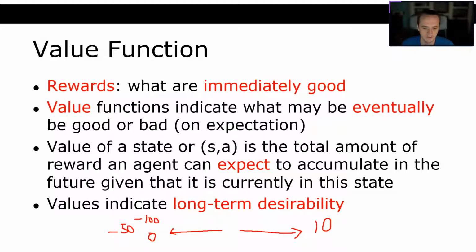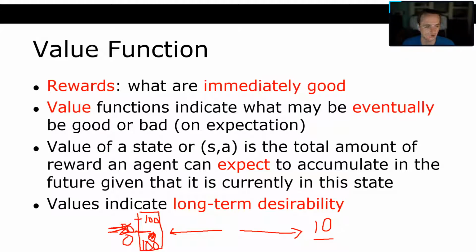Okay? So if I'm here, the expected value of going left is negative 50. So should I go left or should I go right? I should probably go right, because over here, or maybe let's do a little bit of a better example of 100 or negative 100. So if I have 50% probability of getting negative 100, 50% probability of getting 100, my expected value over time, if I can choose left 1,000,000 times, is 0, right?